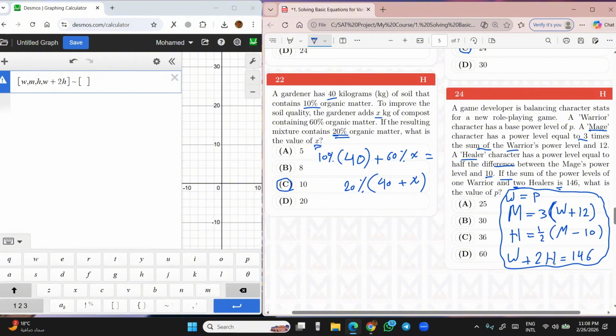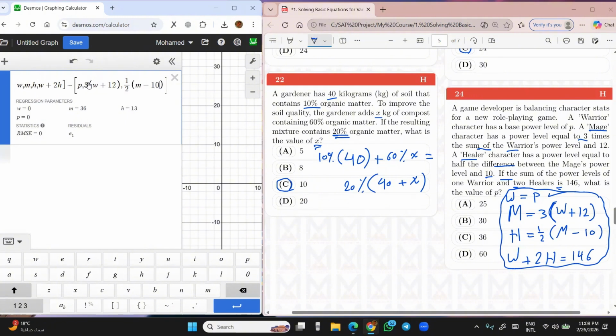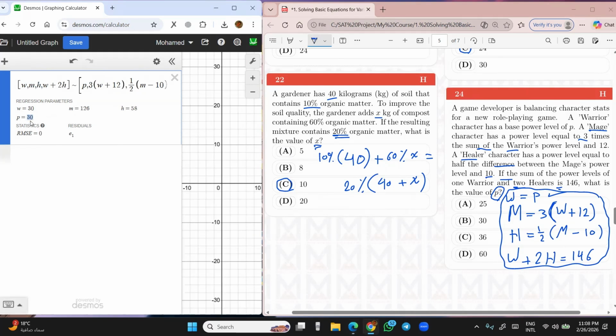And the right side, we need also to keep the same order. In the right here, we'll write P, comma, 3 into W plus 12, comma, half into M minus 10, and then 146 at the end. And we are searching for the letter P, and P here is given in the question as 30. So the answer is 30, which is letter P.